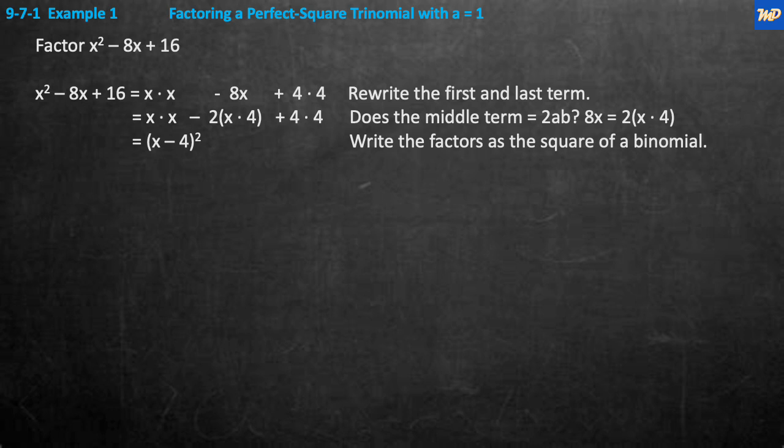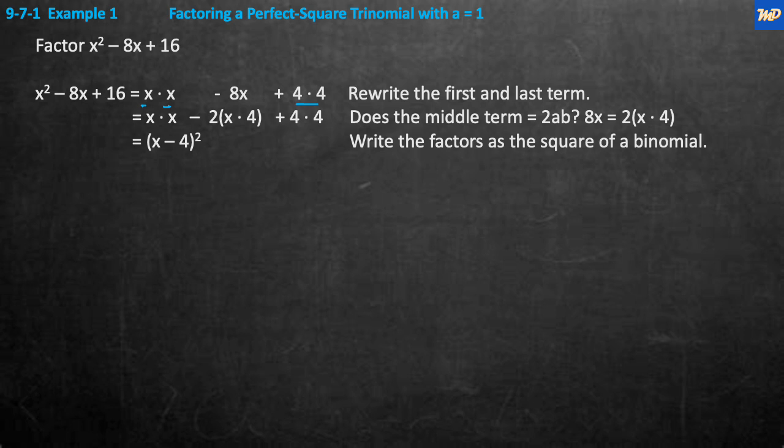In this case, it's x squared, so we have x times x. In the last case, it's 16, so we have 4 times 4. These are the square root of x squared and the square root of 16, right? So now our terms are broken down into x times x minus 8x plus 4 times 4.